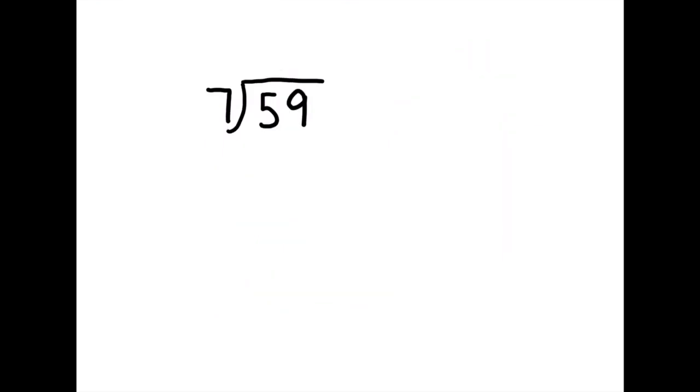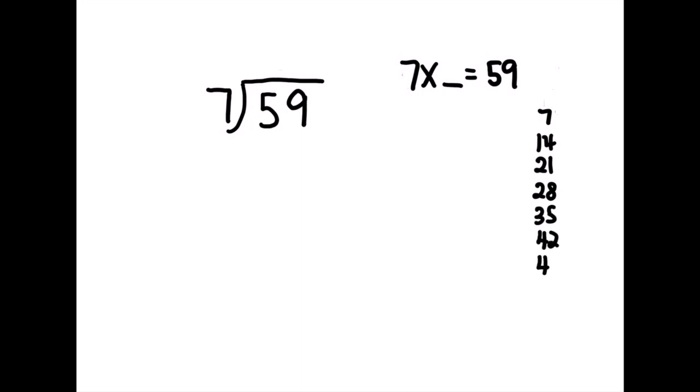Alright, so here we have 59 divided by 7. So we need to figure out 7 times what number equals closest to 59. So we're going to go down the 7 times table. We have 7, 14, 21, 28, 35, 42, 49, 56, 63, and we're over.